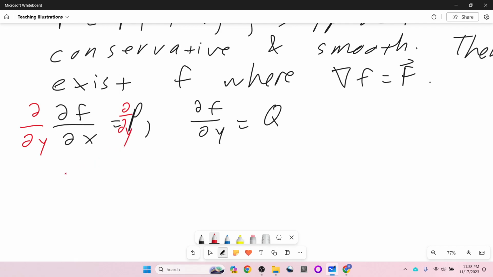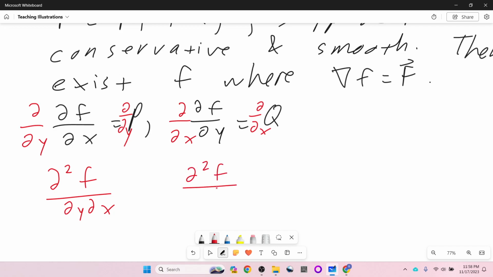So this would become del squared f over del y del x. And then let's do the x derivative here. So del squared f over del x del y.